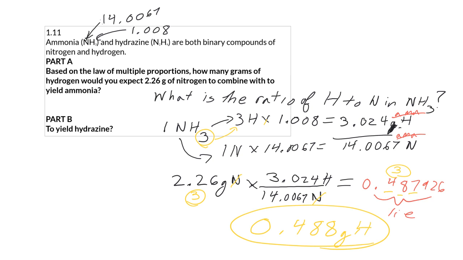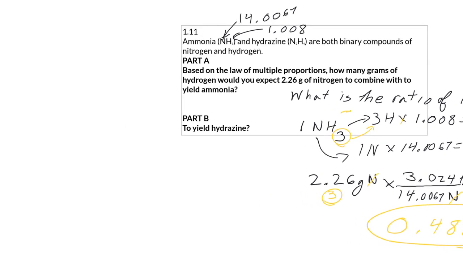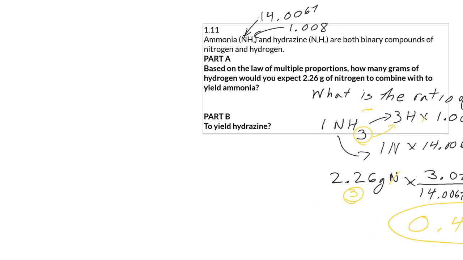Now they ask us the same thing again for hydrazine, so we're going to repeat the entire process. Let me see if I can explain it a little bit better on the fly here. We have hydrazine.